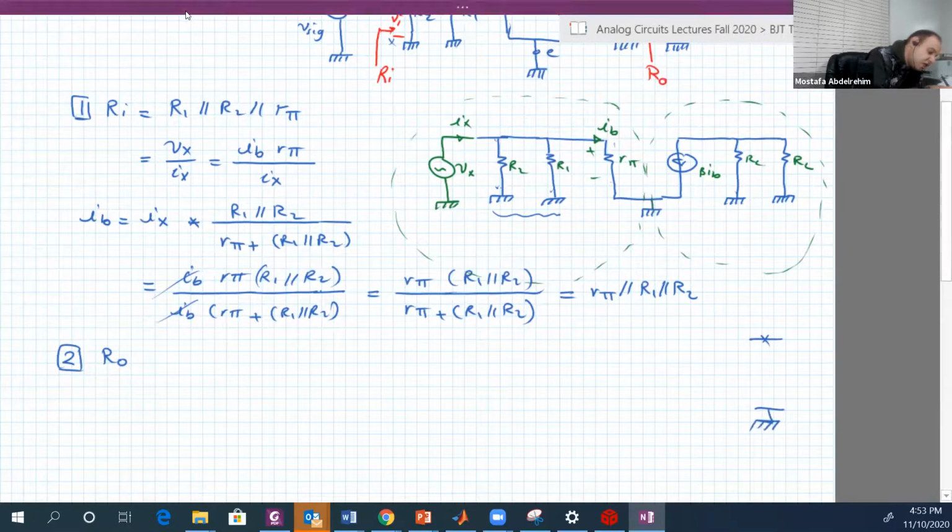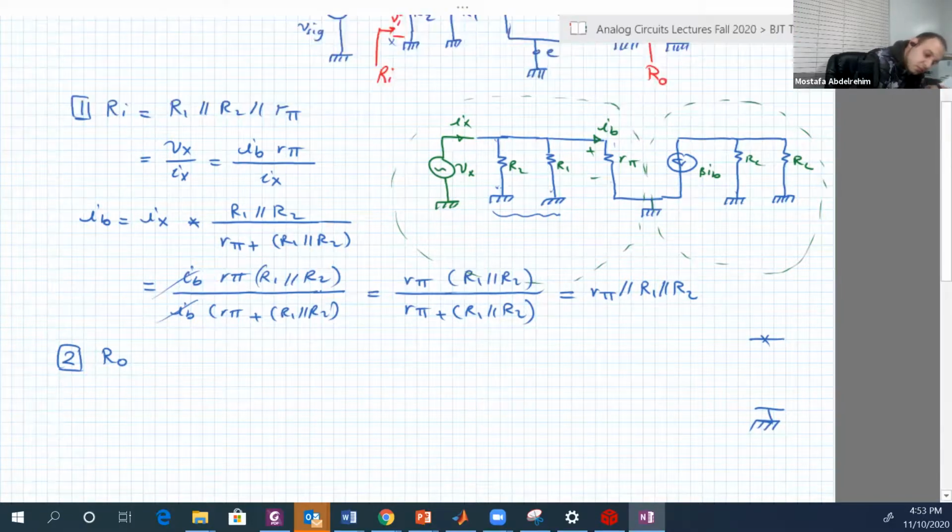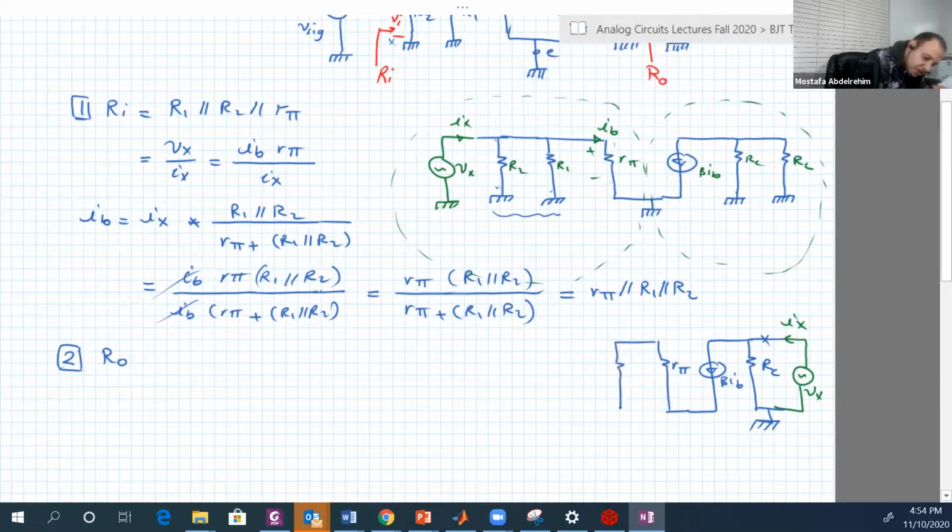Instead, we draw just an imaginary source, Vx, giving Ix. Then we draw the rest of the circuit, RC, beta IB, and we cancel any other independent source. So in that case, we will cancel V signal.